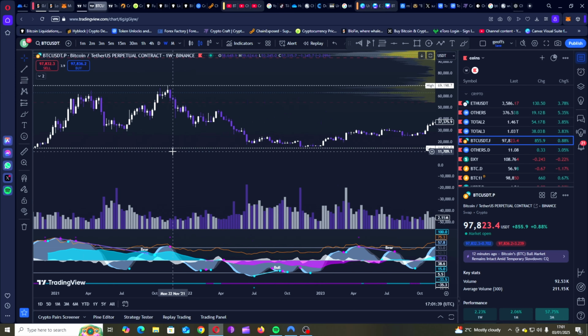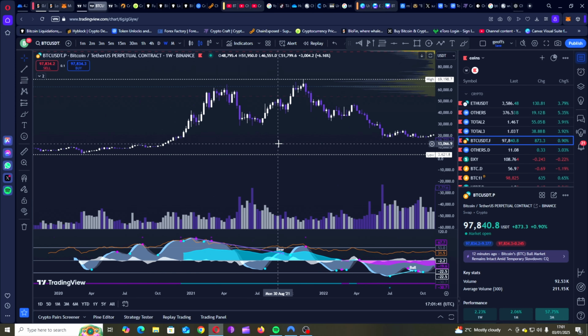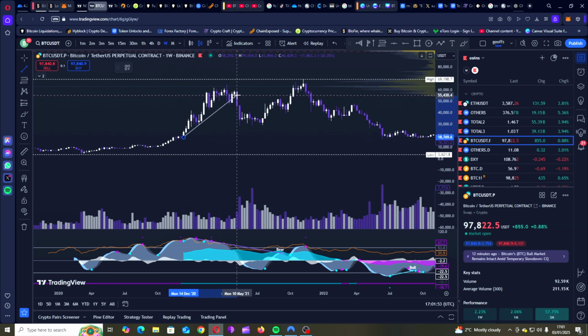So if we just go off the candles and we use a trend line in this zone here, from the initial move up, that's the weekly trend in motion on BTC.